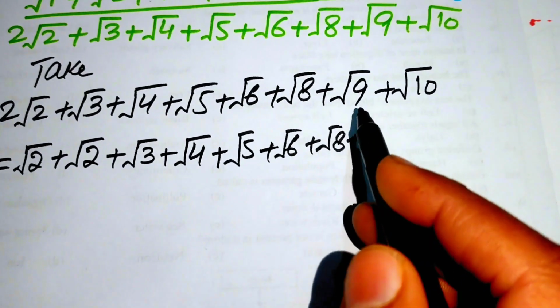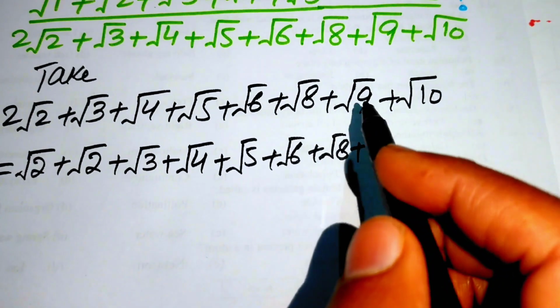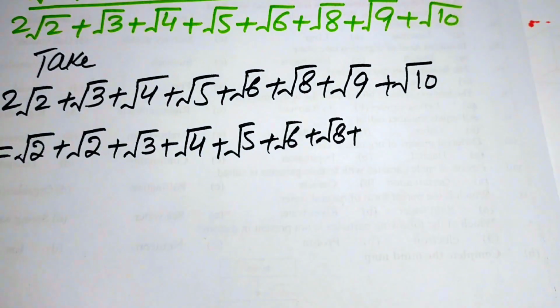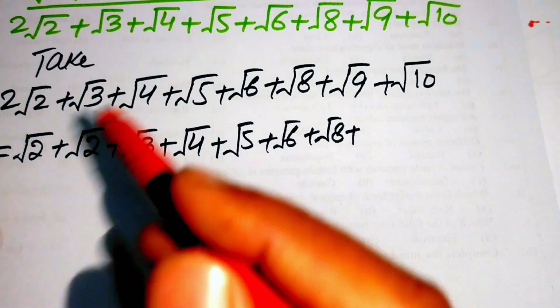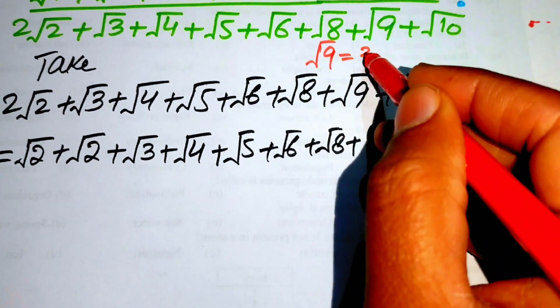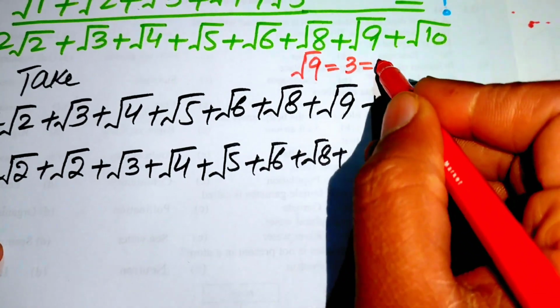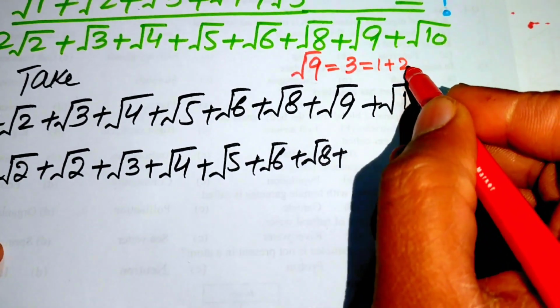and plus the square root of 9, we simplify here. You know that square root of 9 equals 3, and we will write this 3 as 1 plus 2.